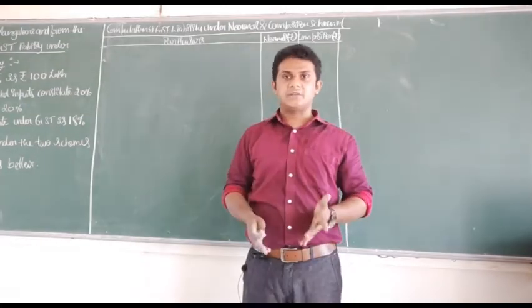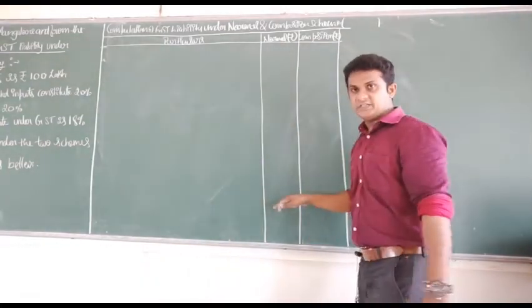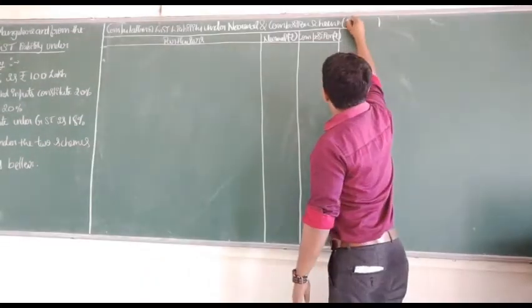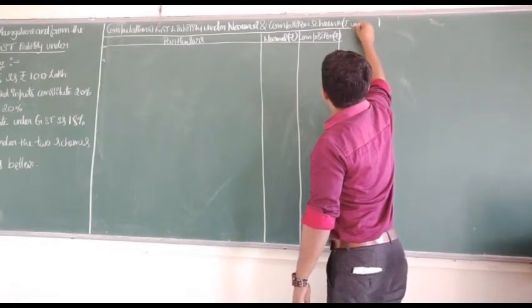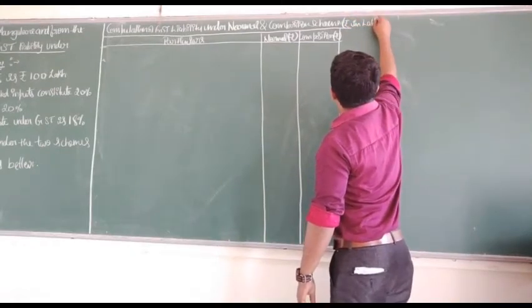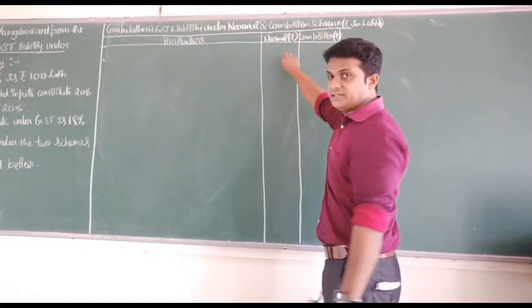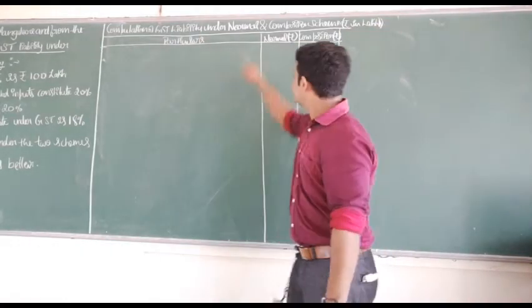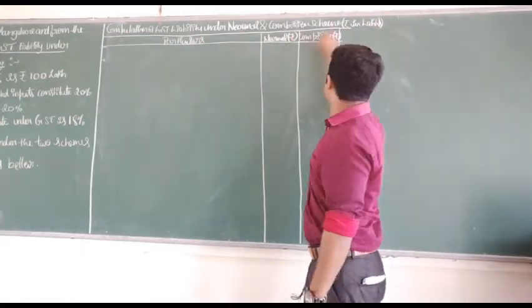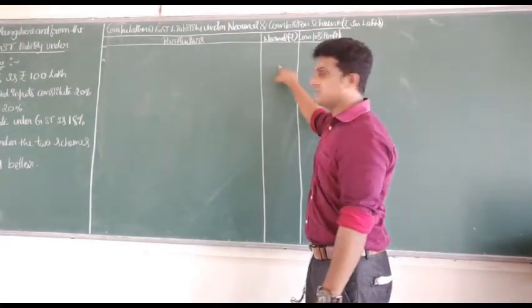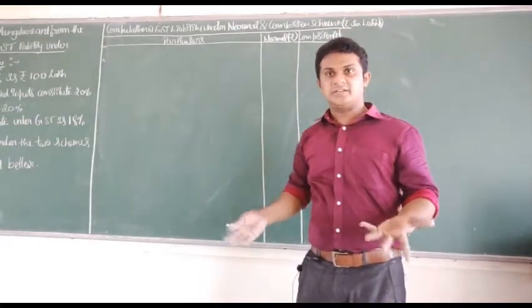So for ease of calculation, I will be writing the values in lakhs only. So here I will write rupees in lakhs, and after that, whatever amount they have given, we can straight away write. They have given 100 lakhs, so I will write 100. The values are in lakhs.